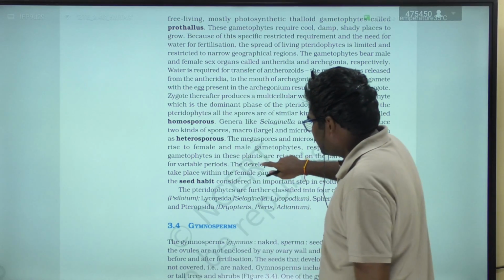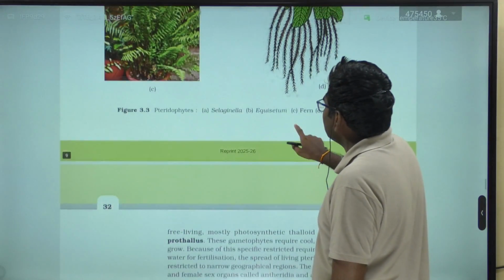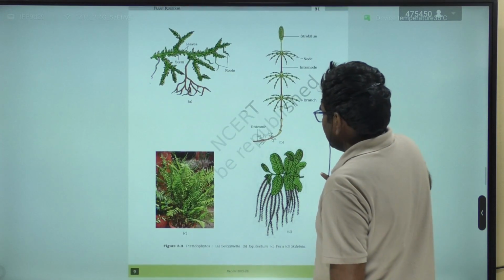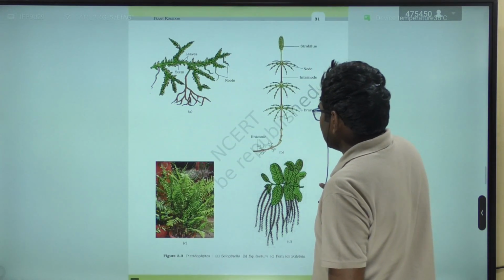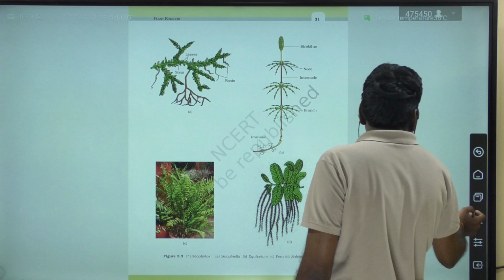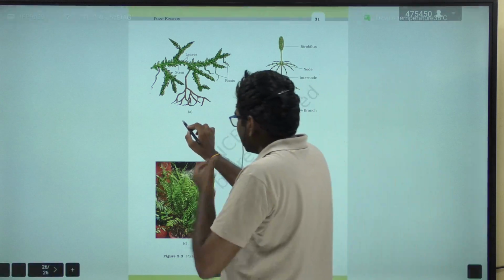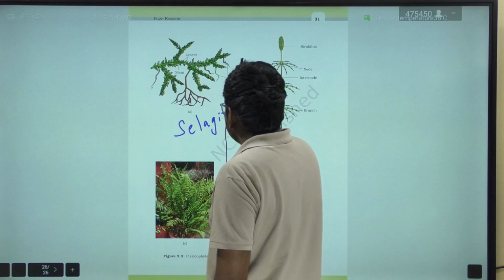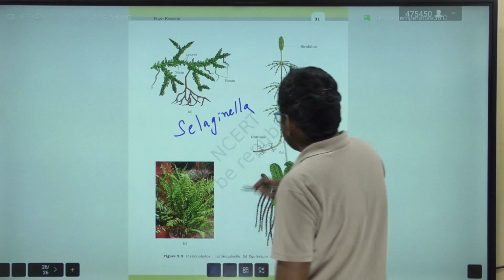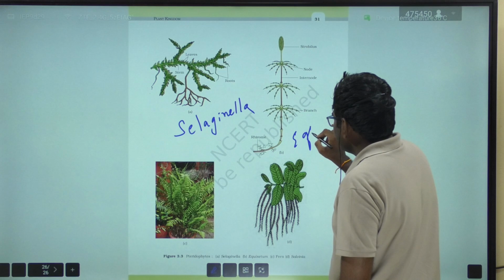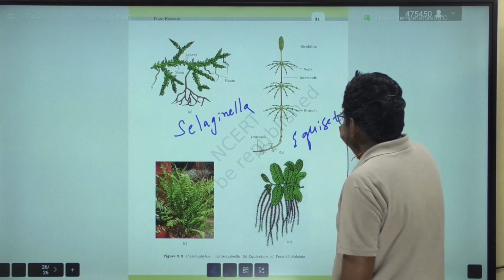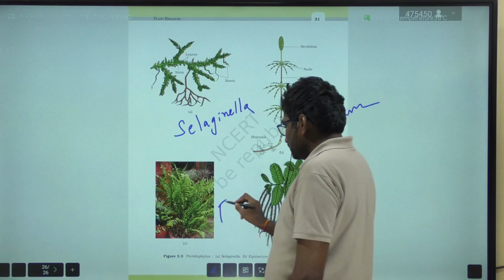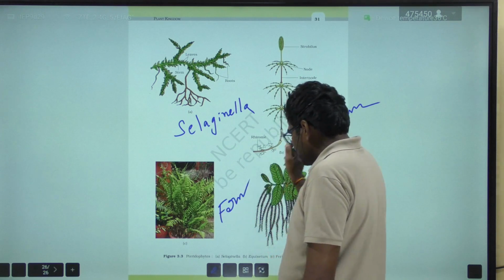Let us remember the examples and diagrams. The first diagram is Selaginella, and the second diagram is Equisetum. It belongs to the Sphenopsida, and this is a fern plant.